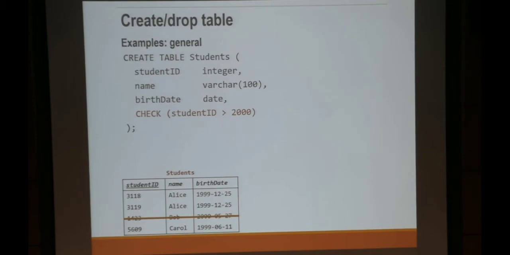If you try to update certain values, if you try to update this value to 1999, you will also encounter an error because it violates that check. Right? So check is very general. So yeah, that's how you can do a general constraint.